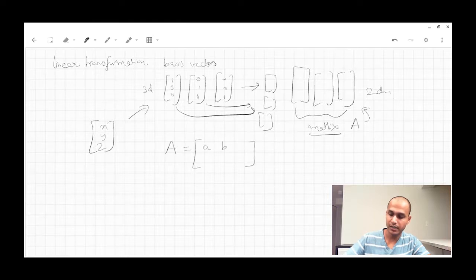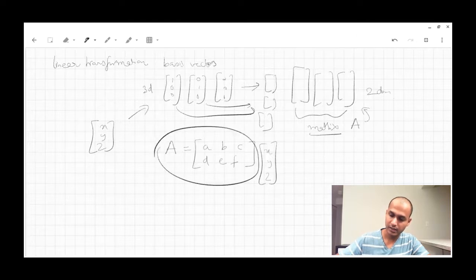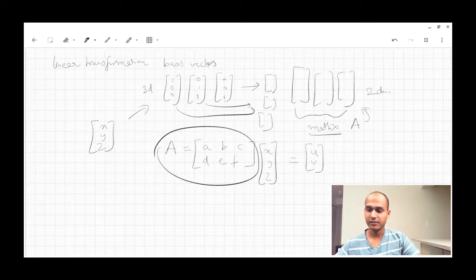Let me just call them A, B, C, D, E, F, which take the vector x, y, and z and produce an output in 2 dimensions, maybe u and v. I'm using a lot of alphabets, but just imagine that.